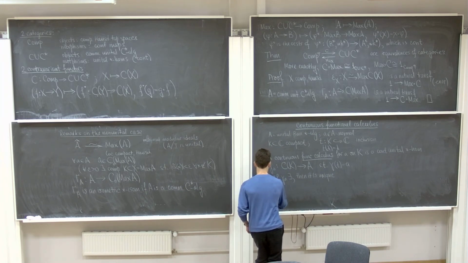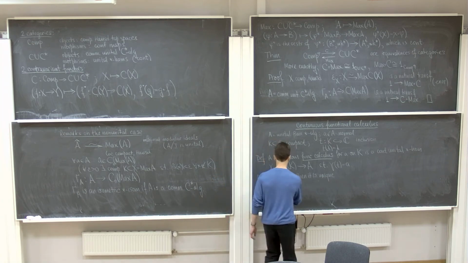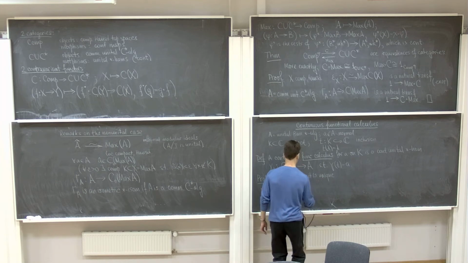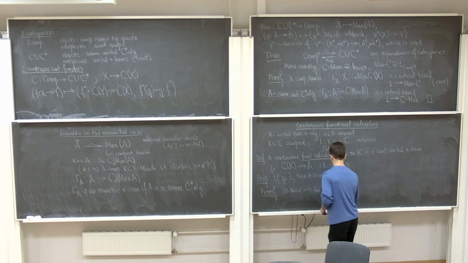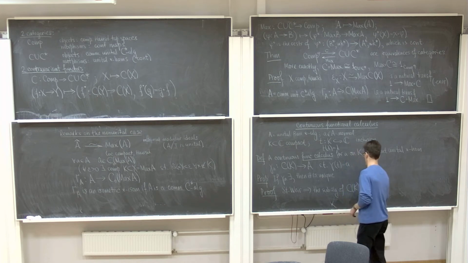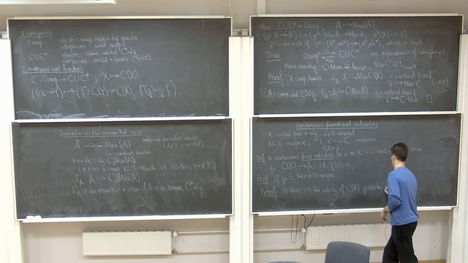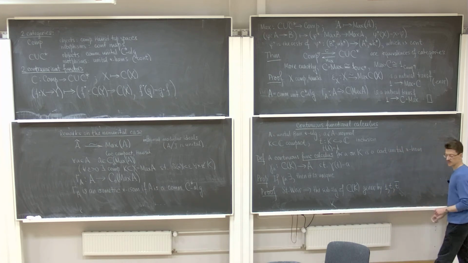To prove this result, we just observe that by the Stone-Weierstrass theorem, the star subalgebra of C(K) generated by the function which is identically 1, the function t, and the complex conjugate t bar, satisfies the conditions of the Stone-Weierstrass theorem.